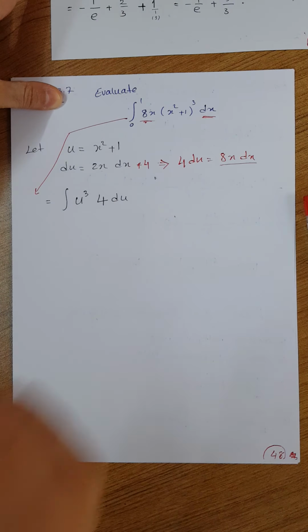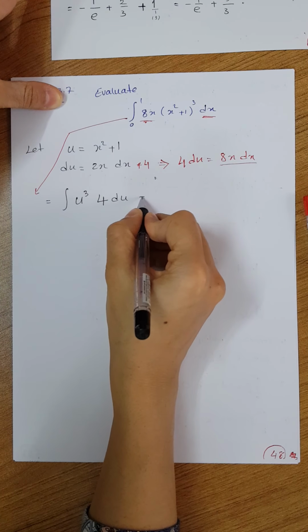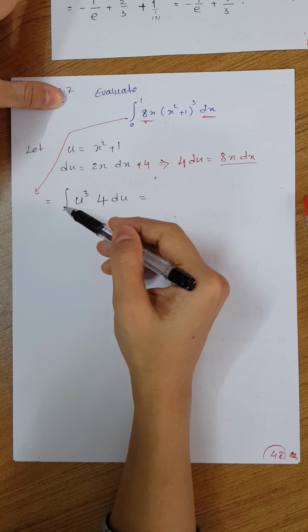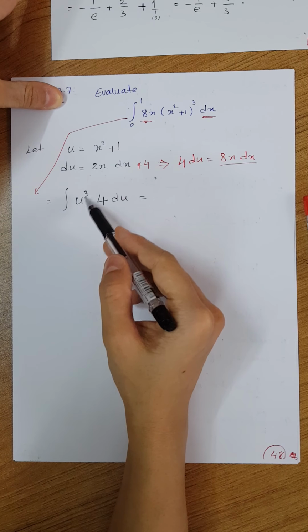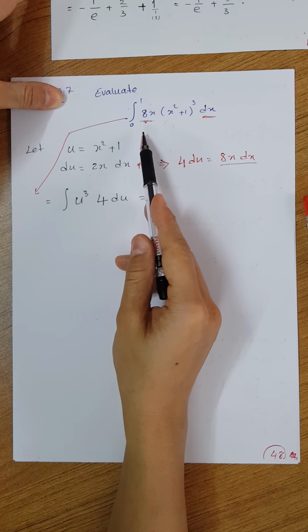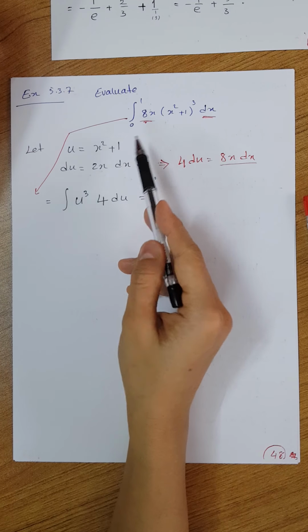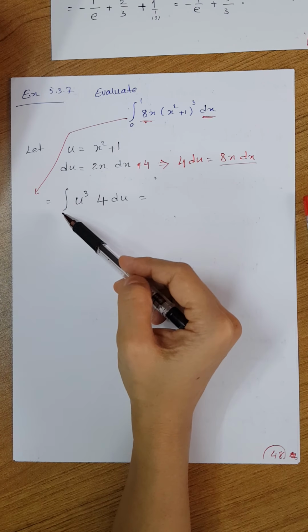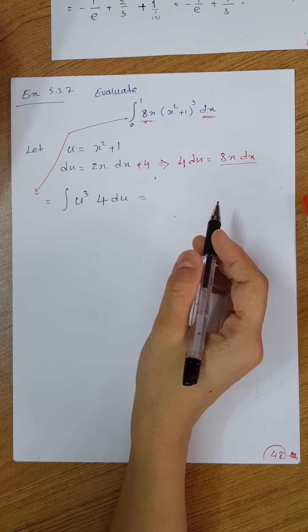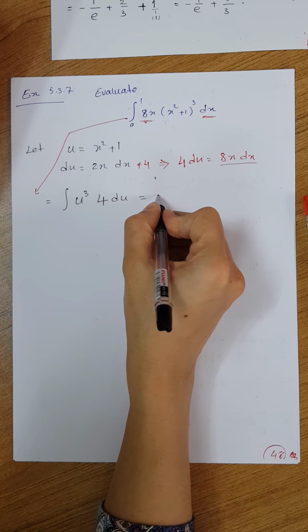Now, if you solve that integration, I'm not putting these bounds in here. Why? Because that integration is changed from x to u. The bounds given here are for x, not for u, so I'm not writing 0 and 1 here. I'll leave the integration just as an indefinite integration. So that one is equal to what?